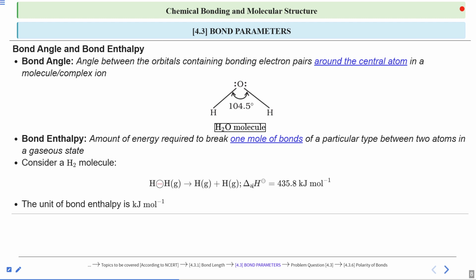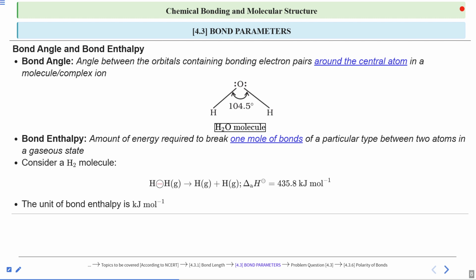So if I ask you, in this process, is the energy released or is it absorbed, keeping in mind that your value of enthalpy is given in positive terms? It is being absorbed. Yes. Why? Because we have a positive sign against the value. I hope this bond enthalpy and bond angle are clear to you.